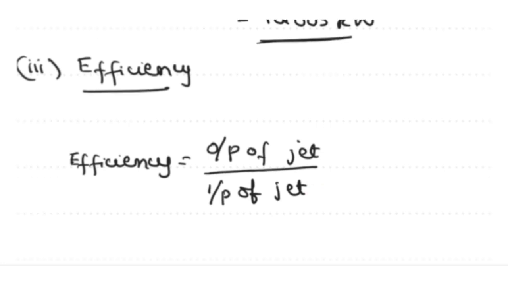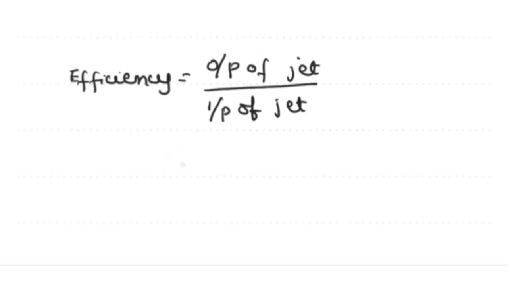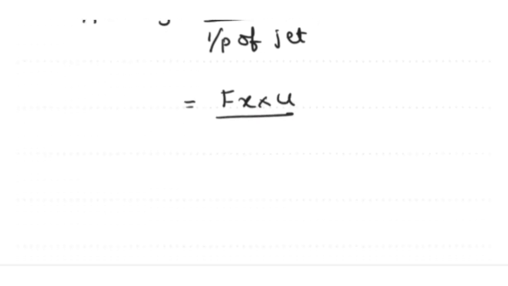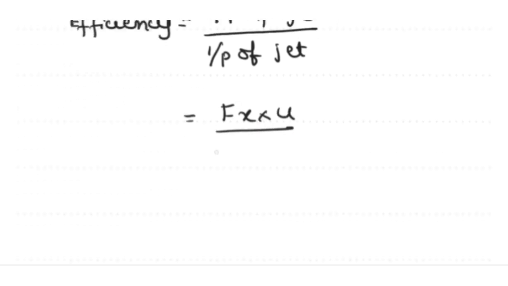Output of jet per second is nothing but the work done Fx into u. Input of jet per second is nothing but kinetic energy, that is half into mass per second, rho into A into V, into V square.